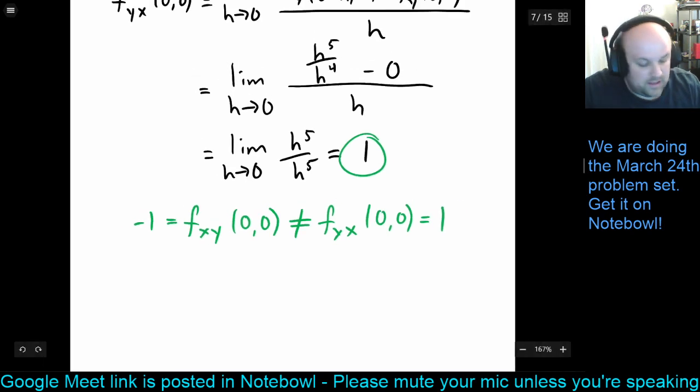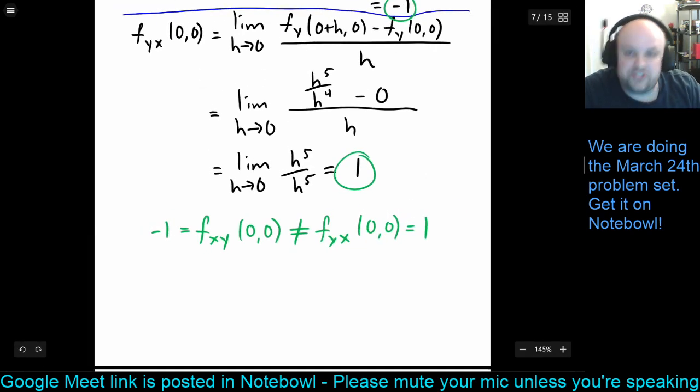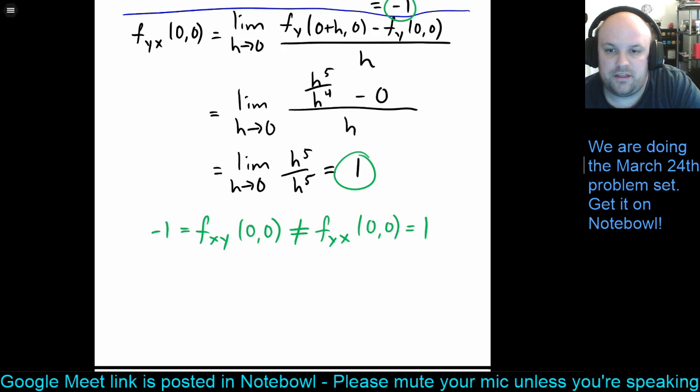Right? And the reason for that is, the condition we need is that the first partial derivatives are continuous at 0, 0. So to see whether that's true, we can look at the graphs of these derivatives here. Let me bring Mathematica back up.